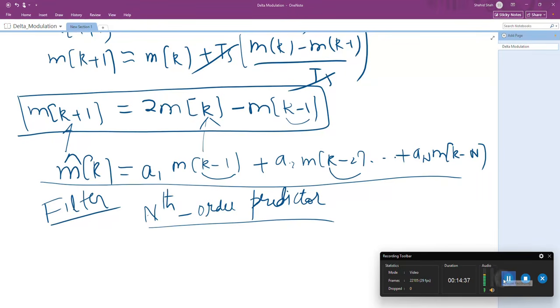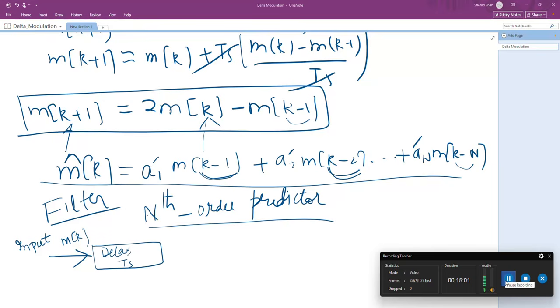How do we realize this filter? If you have studied signals and systems, you can see that you apply a 1 unit delay here, 2 unit delay here, and n unit delay here, and a1, a2, an act as filter coefficients. You have the input here, then you apply the first delay unit, then the second delay unit, and so on.